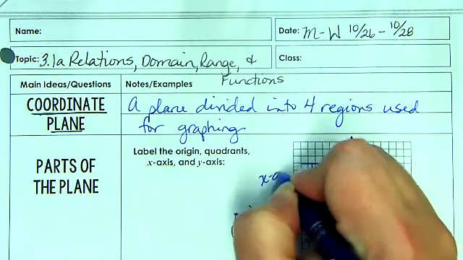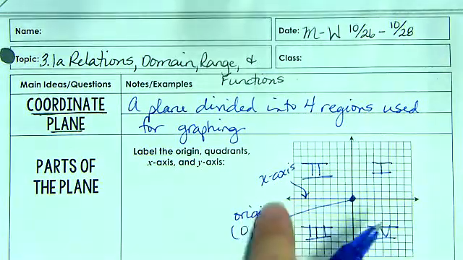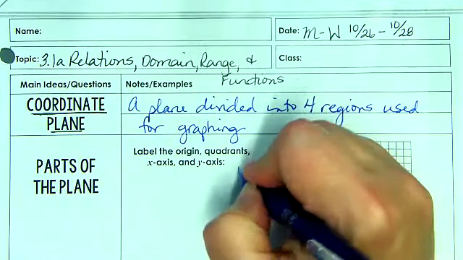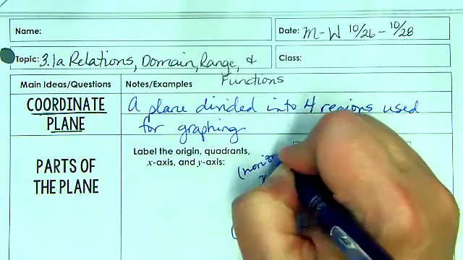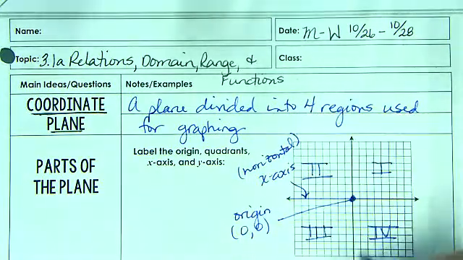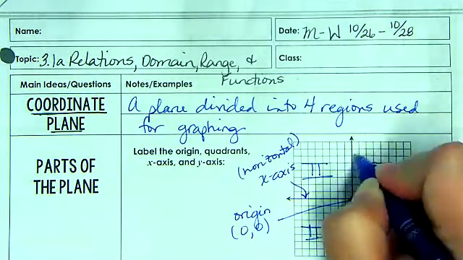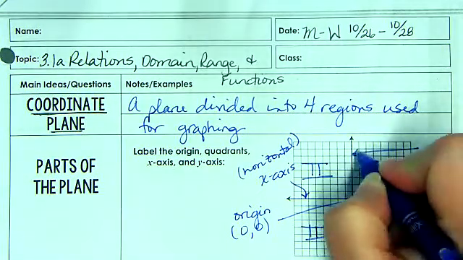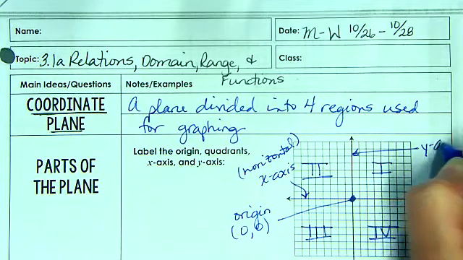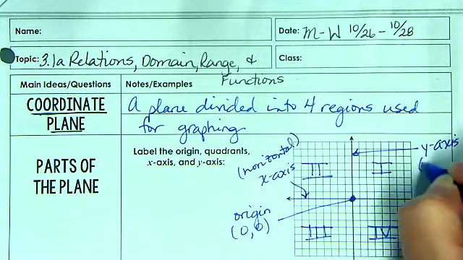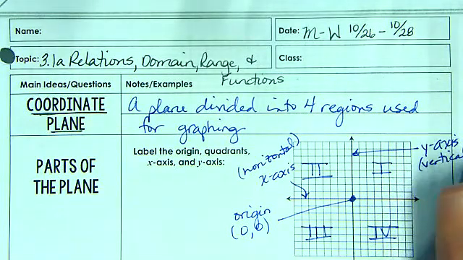This is the x-axis, the horizontal axis. And the y-axis is the vertical axis.